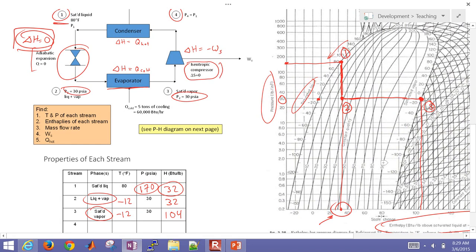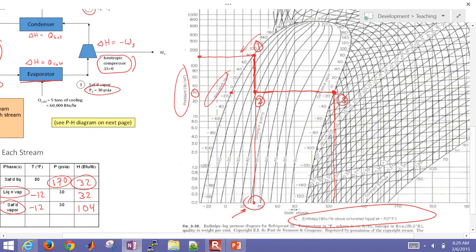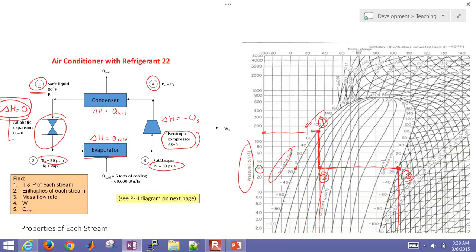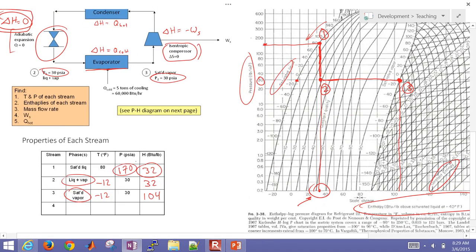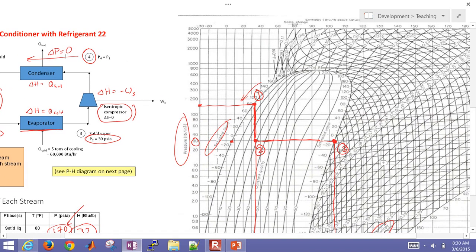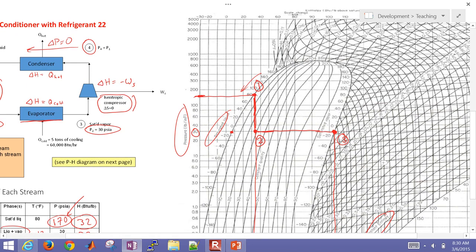Now if we say it's reversible, meaning it's the perfect compressor, has no losses in terms of entropy, then I can follow this constant entropy line as I increase the pressure up to, okay, so the pressure was 170, and I know that there's no change in pressure over this, so isobaric, and so I need to get up to this 170 psi line.